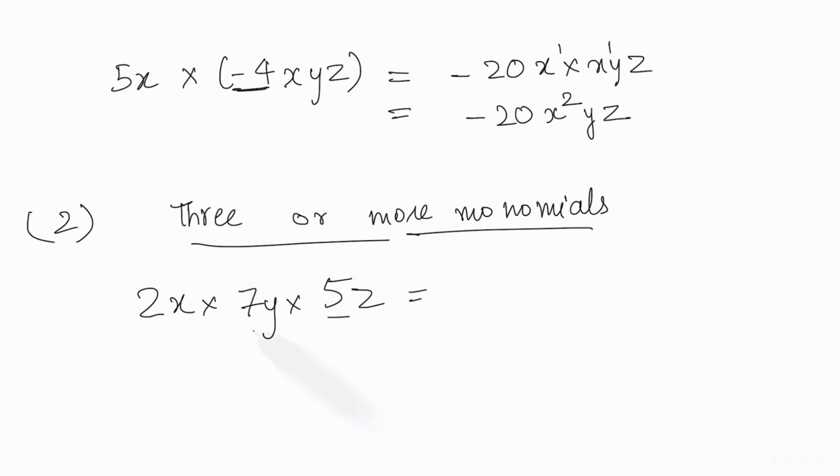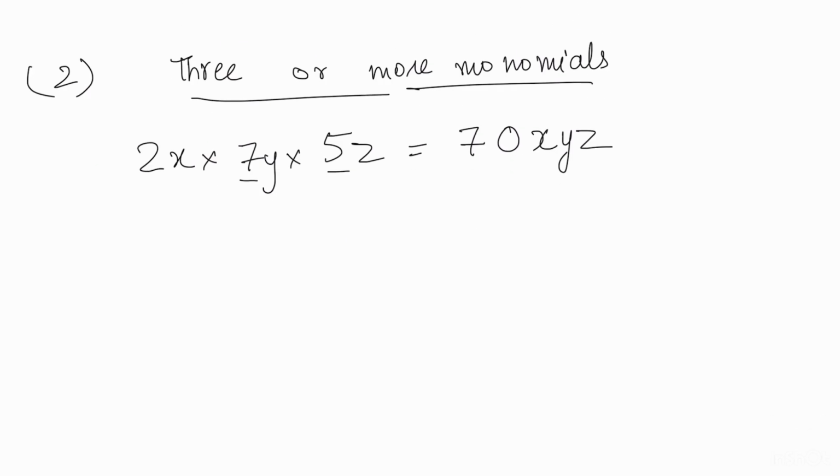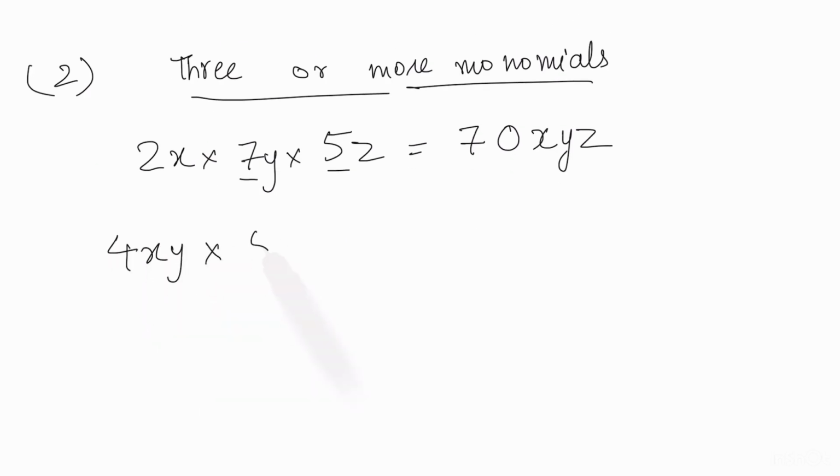Multiply the constants first. 7 into 5 is 35, and 35 into 2 is 70, and x into y into z can be written as xyz. Next I can take up an example from NCERT: 4xy into 5x square y square into 6x cube y cube. That will be 20 into 6, which is 120.